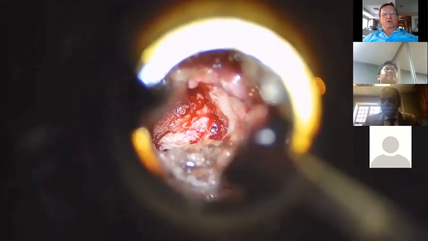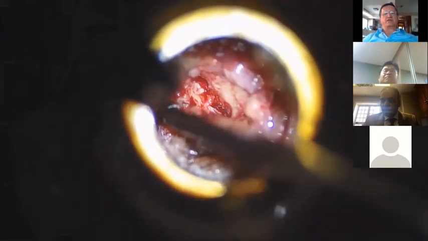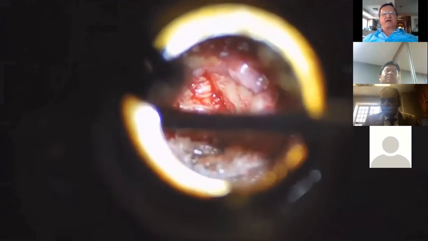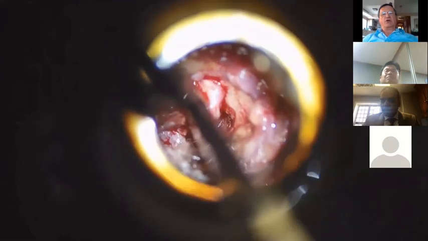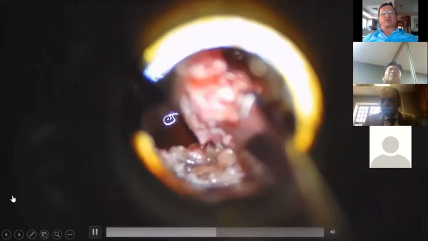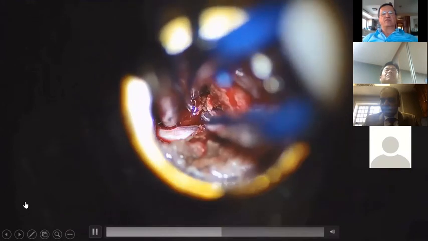We had a discussion in the morning about whether we have to enter this space. If the fragment is making the main compression, you can just remove the fragment or sequester.